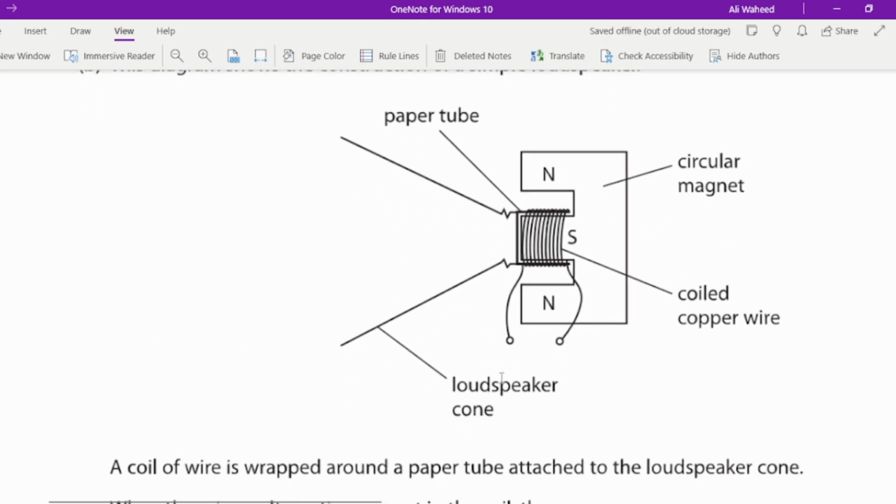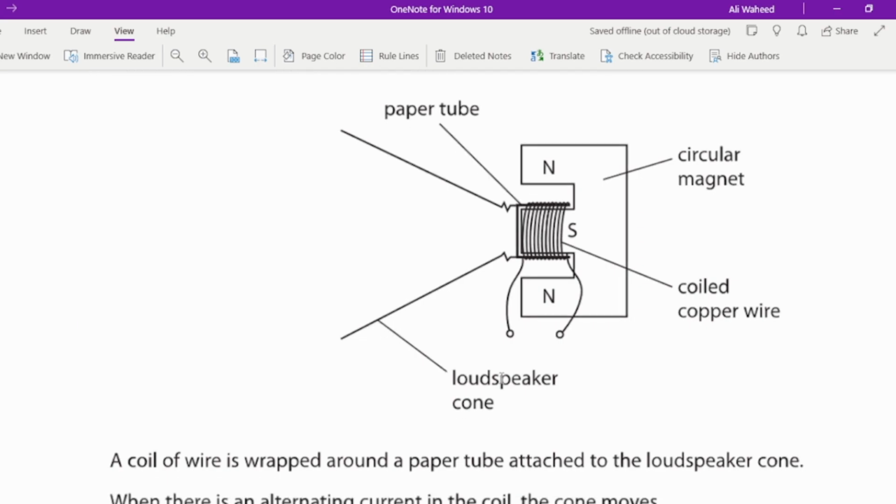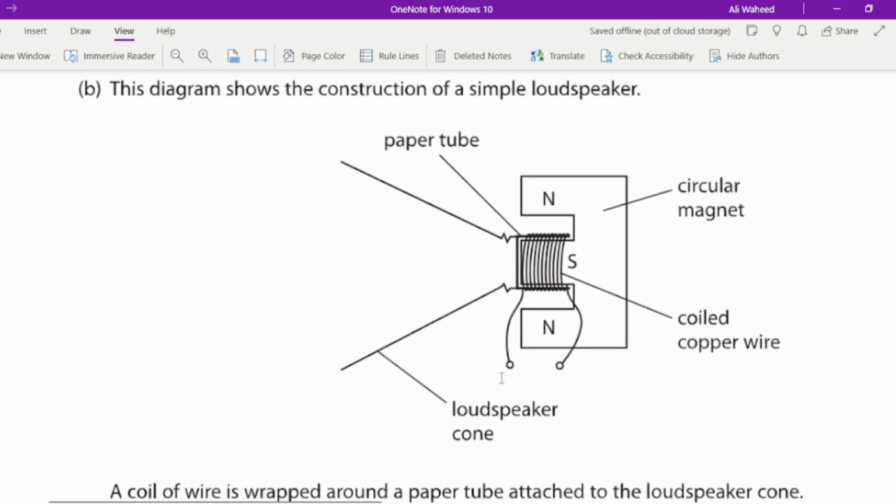So this is basically the working. They have asked you the working of the loudspeaker, and you have to explain the working of the loudspeaker in this one. Right, so we studied that in detail. We completed the circuit diagram as well, but here I'm just writing 4 key pointers.